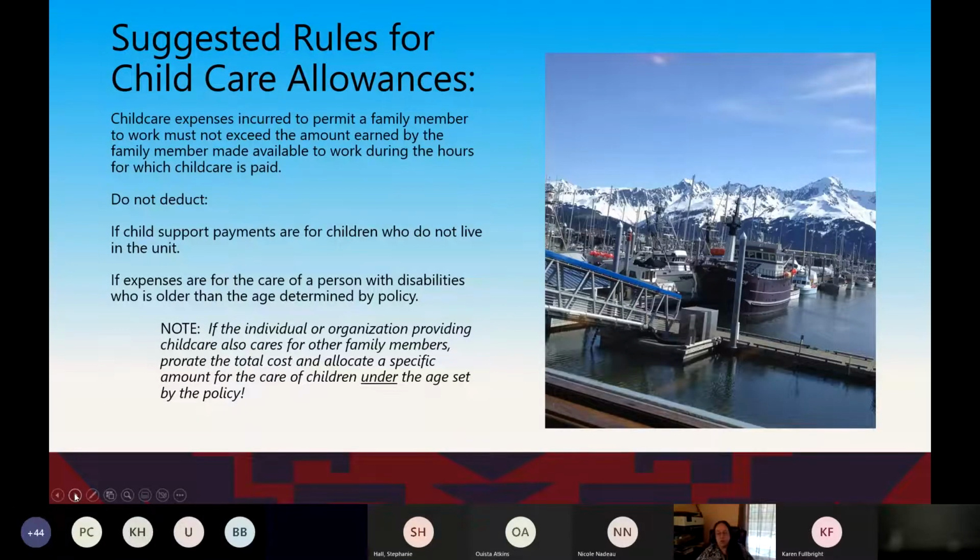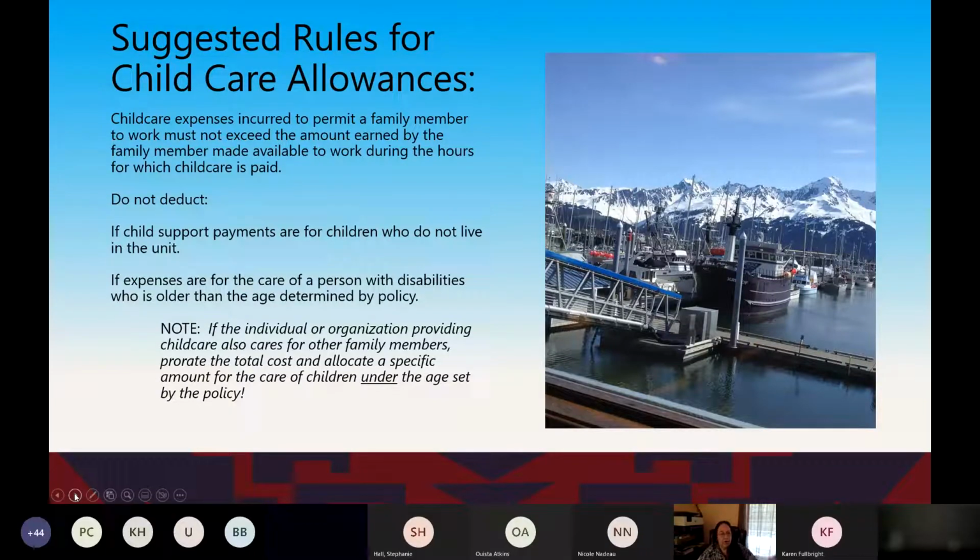Suggested rules for your child care allowances. Child care expenses incurred to permit a family member to work must not exceed the amount earned by the family member made available to work during the hours for which child care is paid. Do not deduct if child support payments are for children who do not live in the unit.